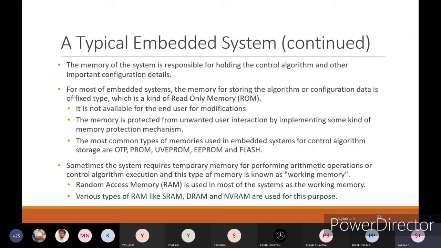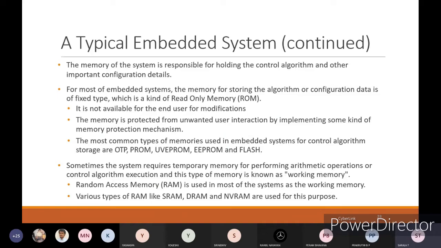The memory is protected from unwanted user interaction by implementing some kind of memory protection mechanism. Memory protection mechanism is implemented because many different types of users can use this embedded system, but if they interfere with the configuration data, it will affect the function of your embedded system.